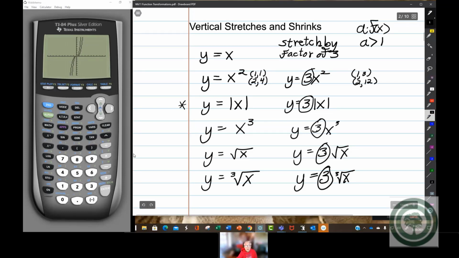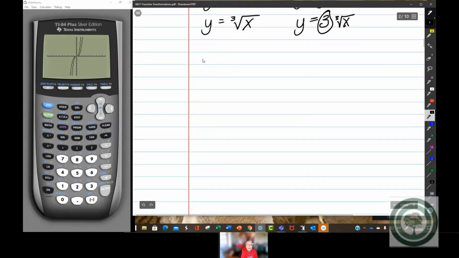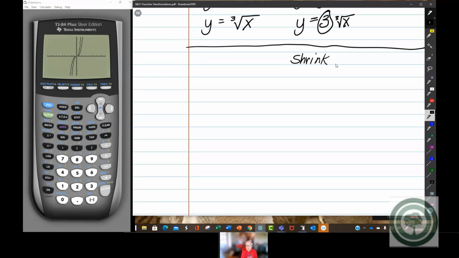Now, how can I shrink it? Well, if I wanted to shrink my functions by a factor of, let's say, 1/2, it's easier to write it as 0.5. 1/2 and 0.5 are the same.